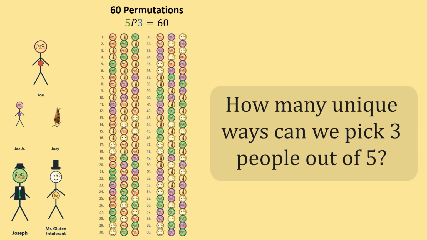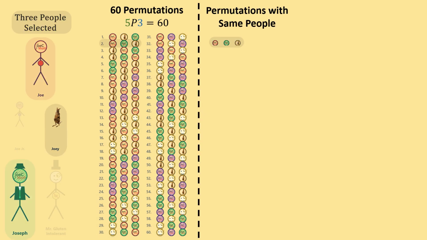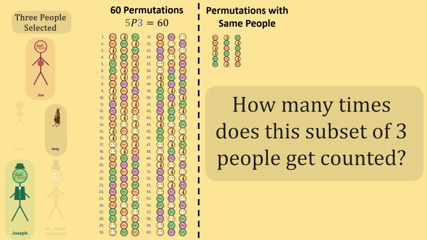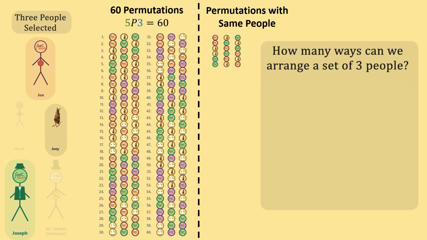Now, how many unique subsets of 3 taste testers exist among all these arrangements? Well, Joe, Joseph, Joey is counted separately from Joe, Joey, Joseph. It is also counted separately from Joseph, Joe, and Joey, and from every other arrangement of the same 3 people. How many times does this one unique subset of 3 people get counted? Well, how many ways can we arrange a set of 3 people?